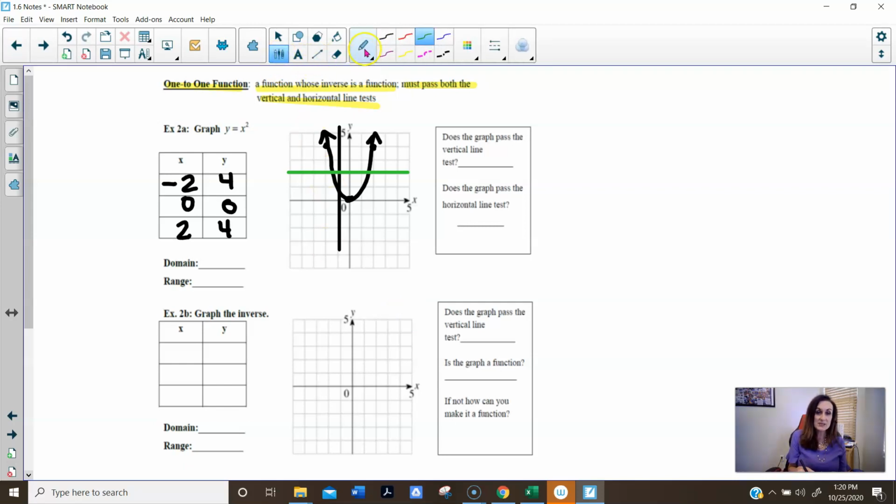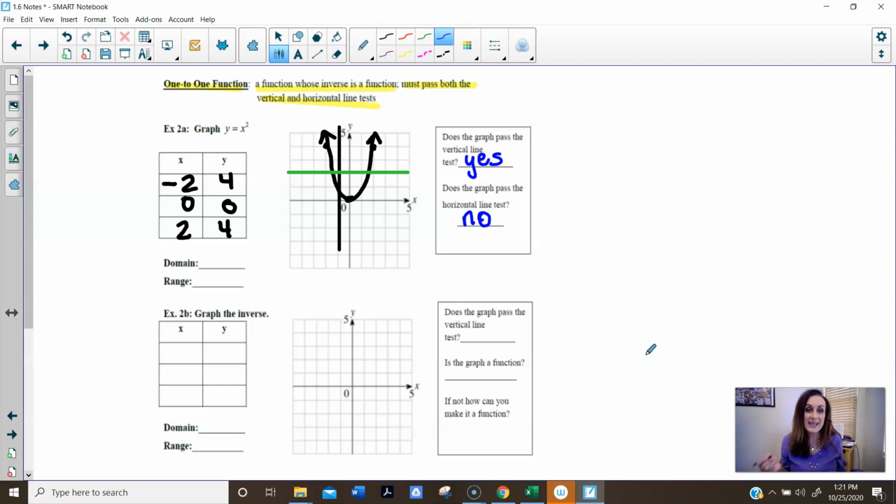So let's answer our questions in this box right here. Does it pass the vertical line test? The answer was yes. Does it pass the horizontal line test? The answer is no.